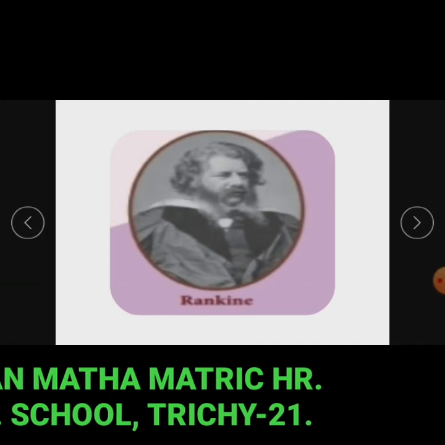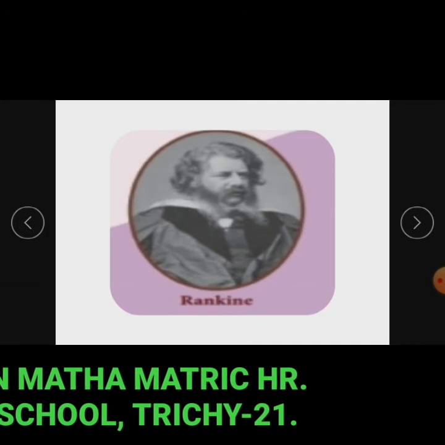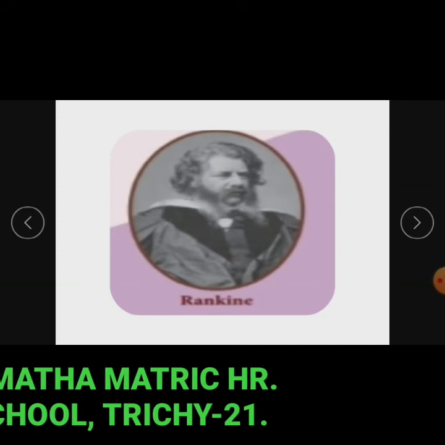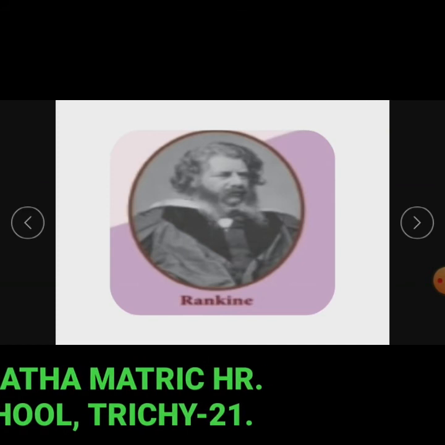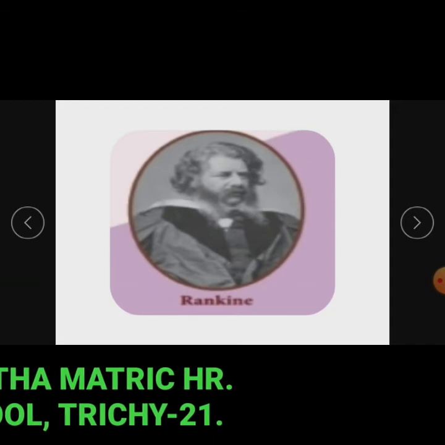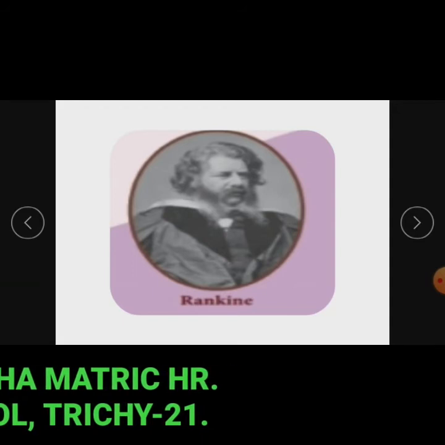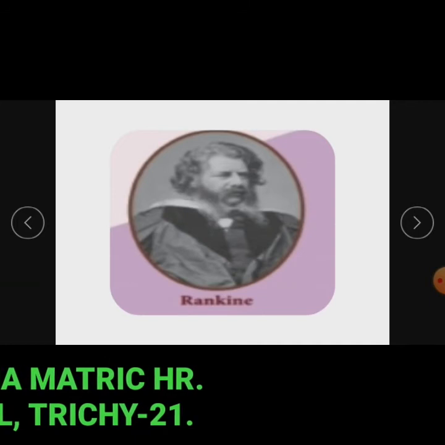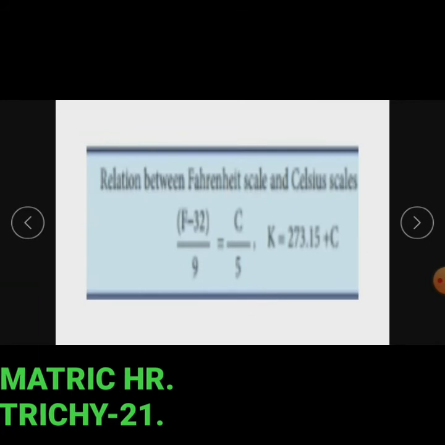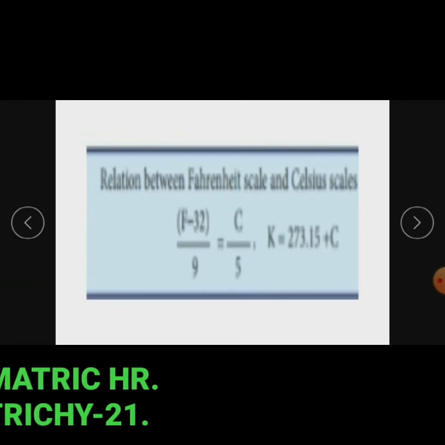Most of the people in the world use the Celsius scale to measure the temperature for day-to-day purposes. The Kelvin scale has been designed in such a way that it is not only an absolute temperature scale but also 1 degree change is equal to 1 Kelvin change.